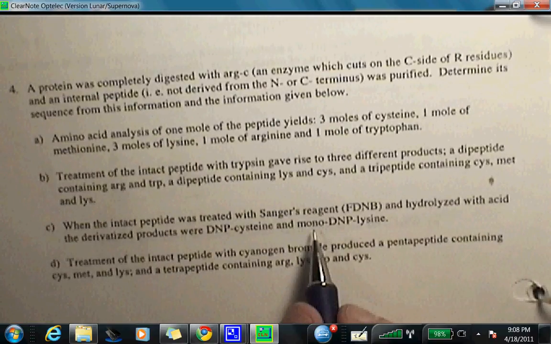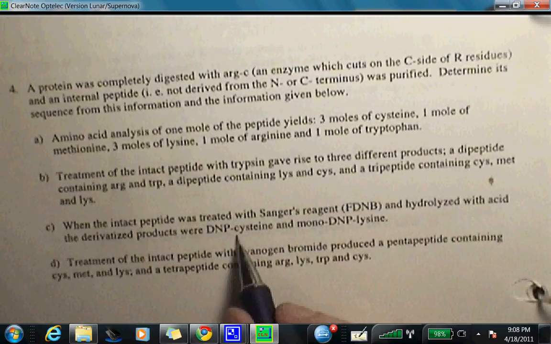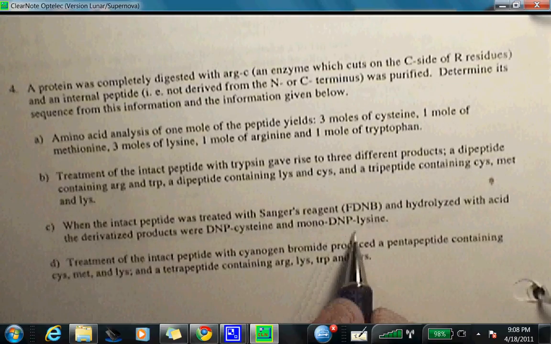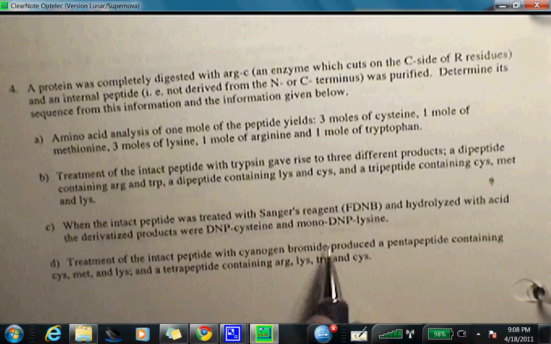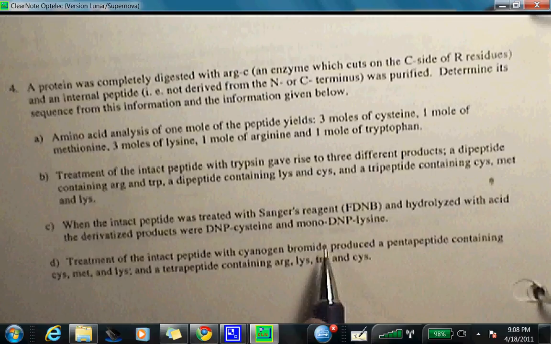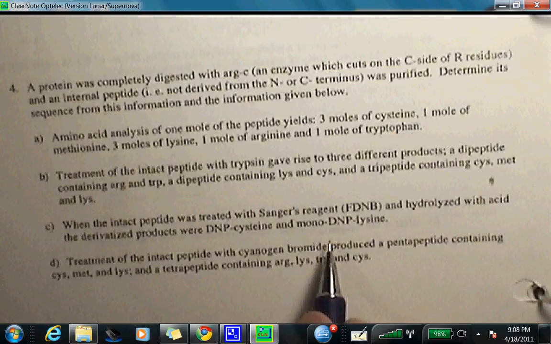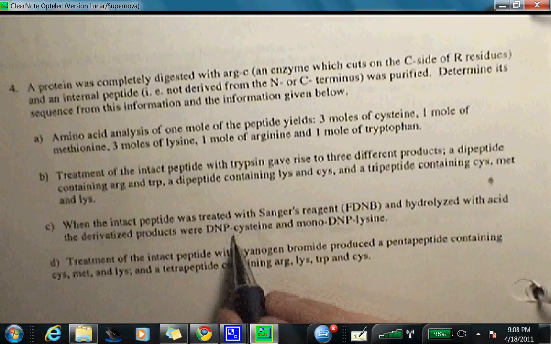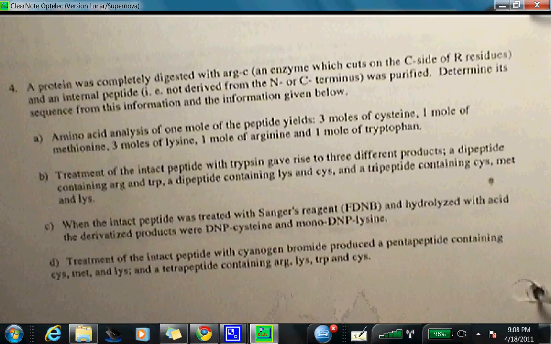I'm sorry, not one, but this is why this is not mono and this is. Because this is your second amino acid, because you haven't hydrolyzed this with acid yet. If that doesn't make sense, there's still other ways to figure this out. But what to recognize from this is that cytosine is going to be your very first amino acid.